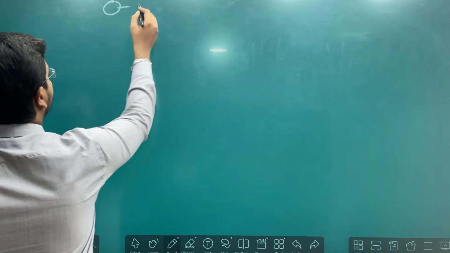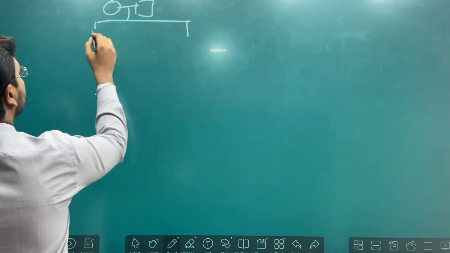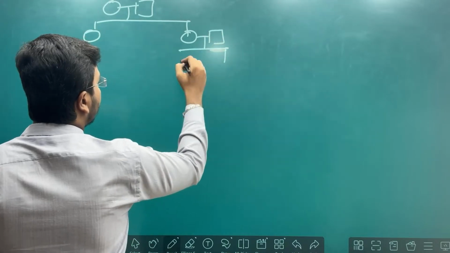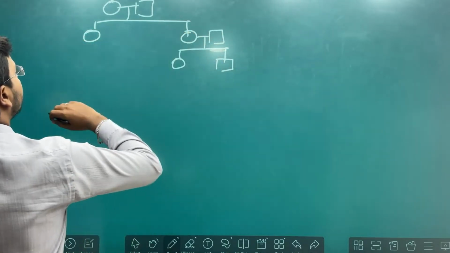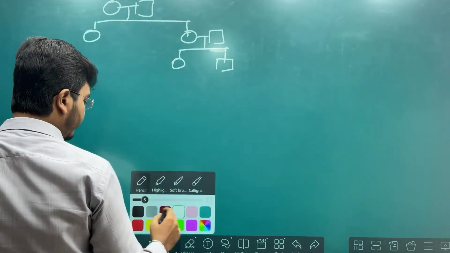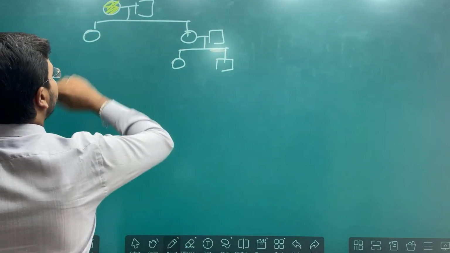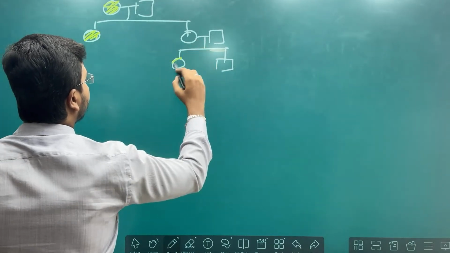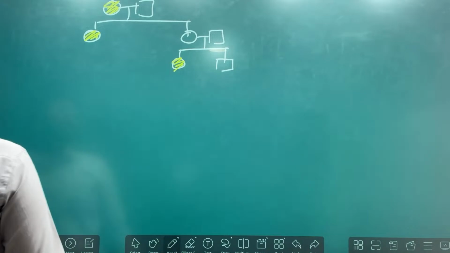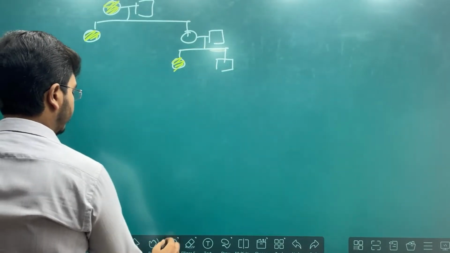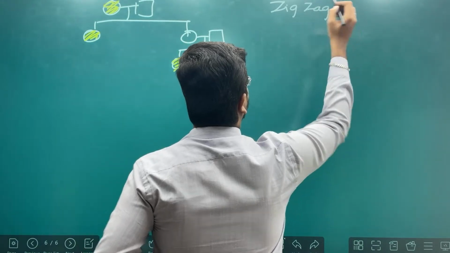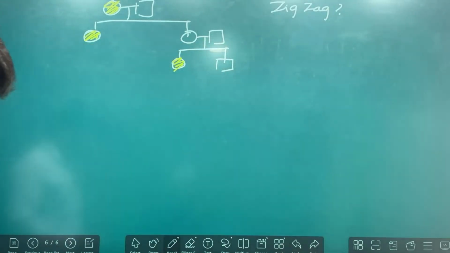Let's say male and female are crossed, and they have one male and one female. Let's say mother is affected, and this is also affected, and here it is affected. Got it? Now tell me, is it a zigzag?